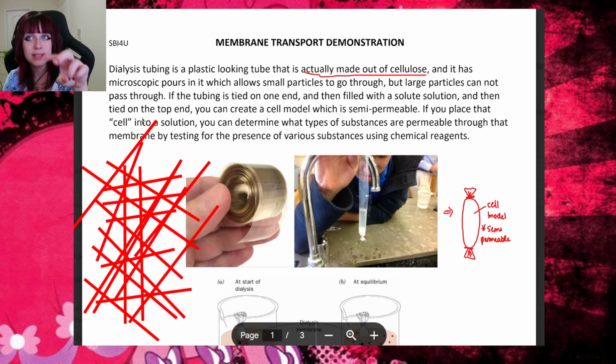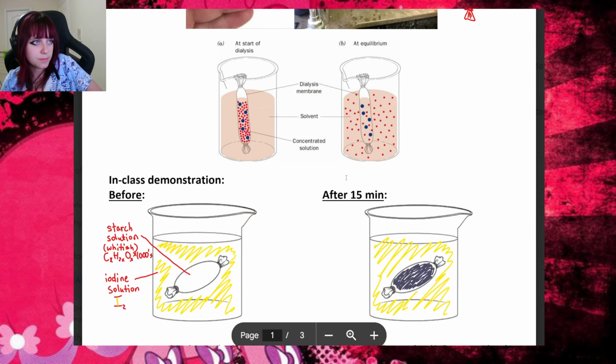If we place this make-believe cell, so we pretend that this dialysis tube is a cell, we can then figure out which type of substance is permeable through the membrane by testing for the presence of various substances using chemical reagents. So we can just test to see which substances are permeable, what can go out, what can go in.